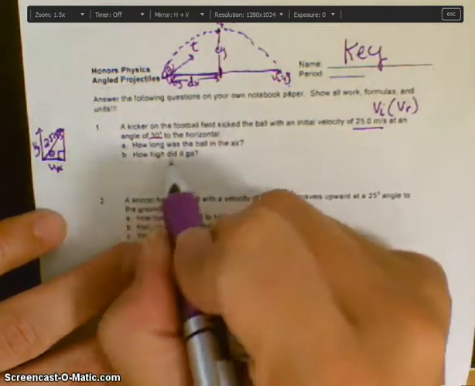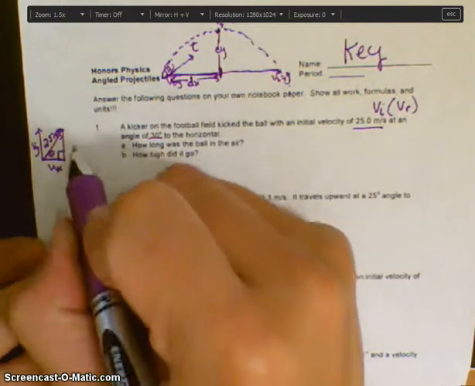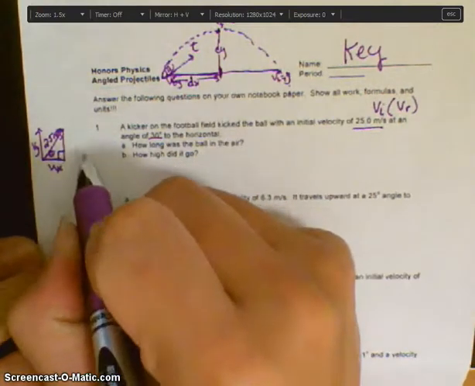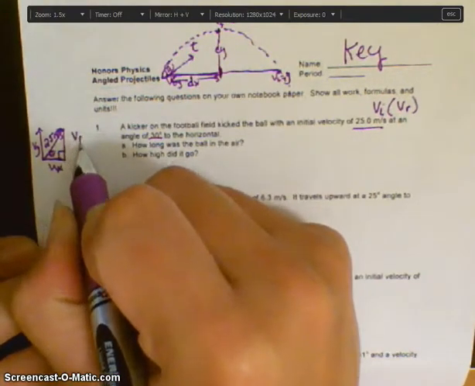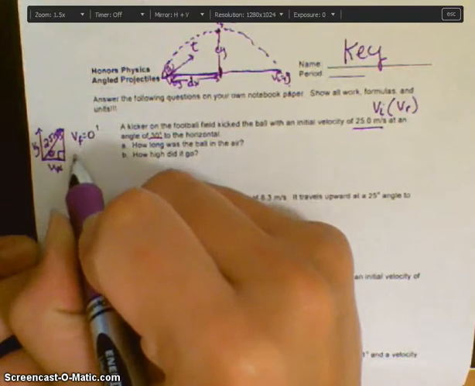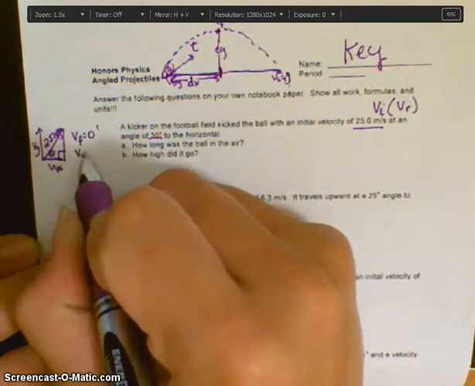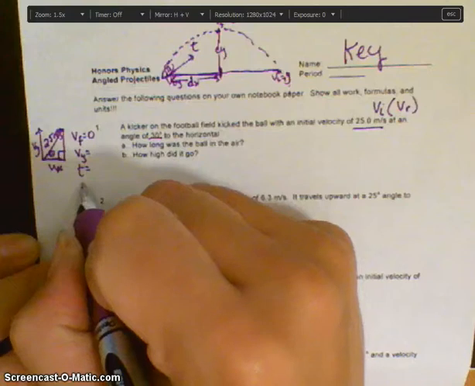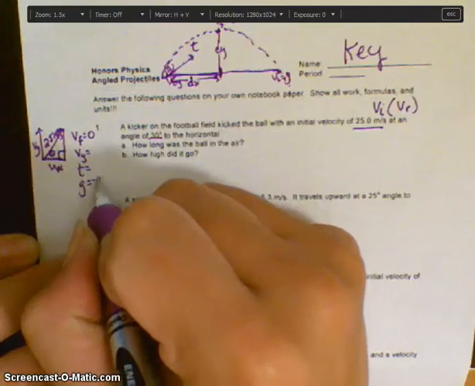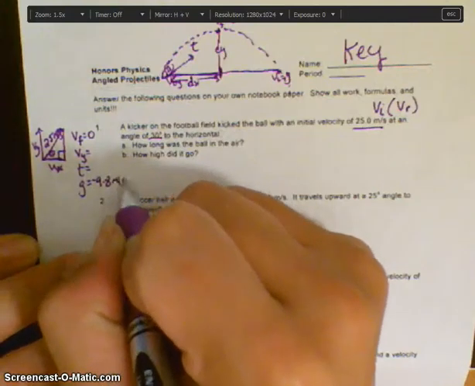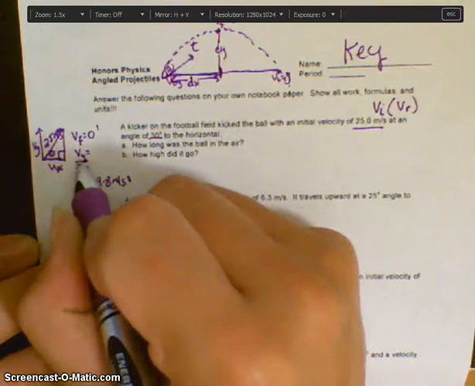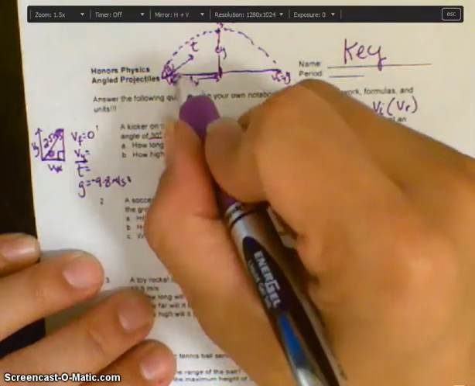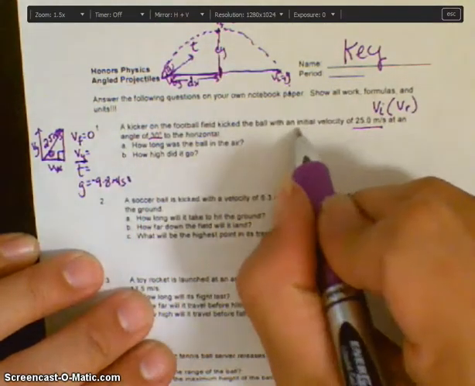Okay, so back to our list, if you will. We know that our final velocity is going to be 0. We don't know our initial velocity y just yet. We don't know our time, and we do know that g equals 9.8 meters per second squared. Okay, don't confuse this Vy right here with this initial velocity right here.